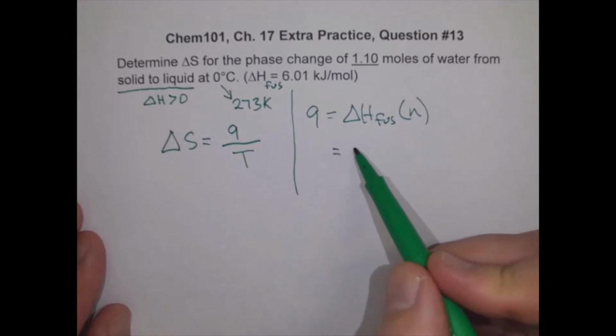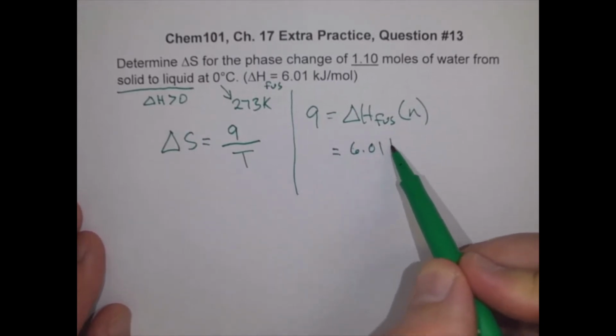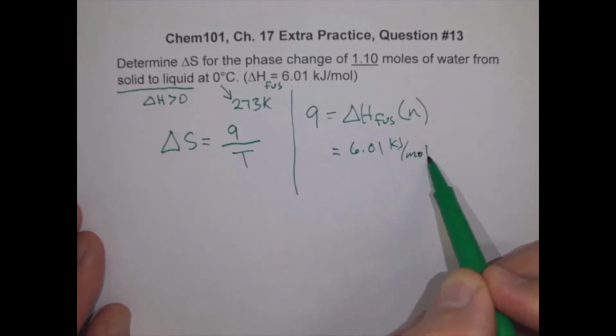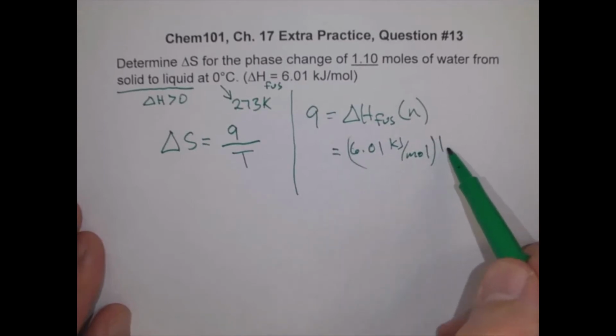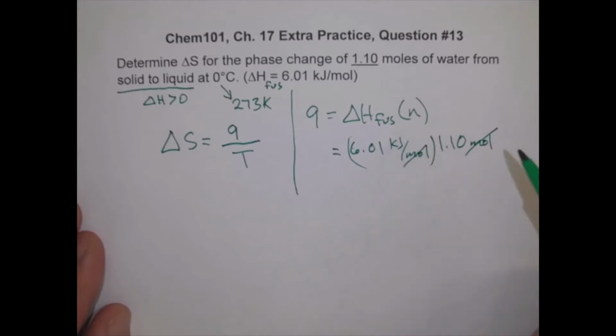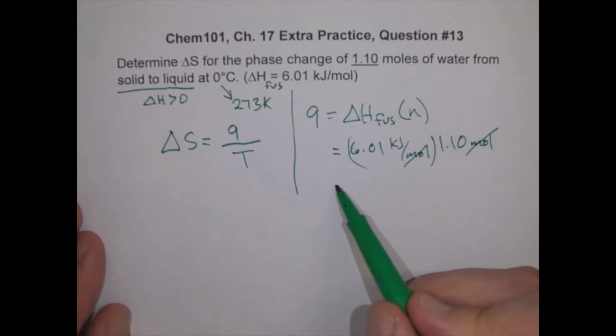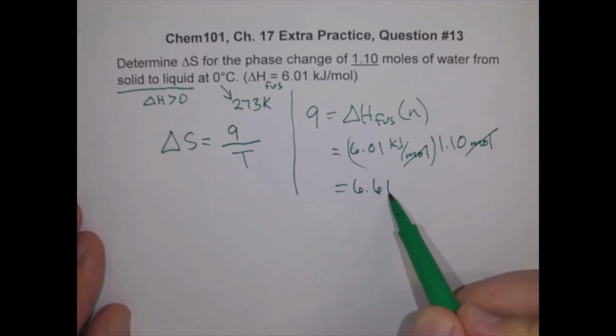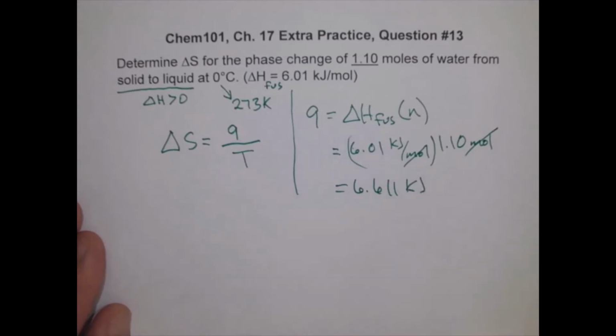So that's going to be equal to 6.01 kilojoules per mole times 1.1 moles. Okay, so moles cancel, and I'll get kilojoules. And that comes out to be 6.611 kilojoules.